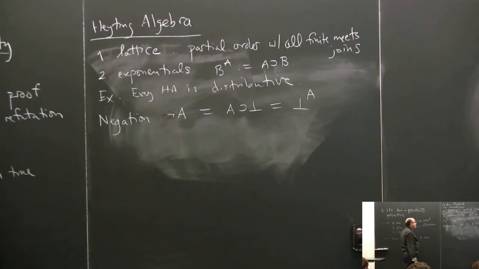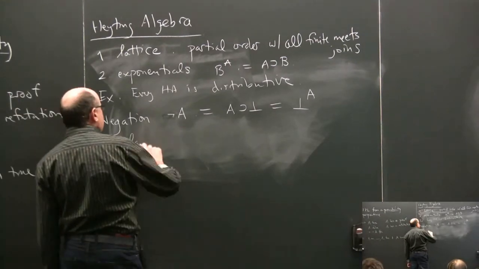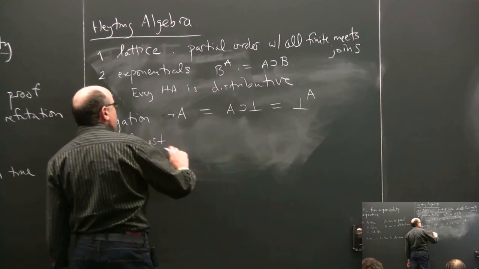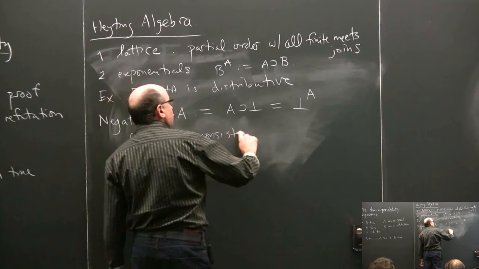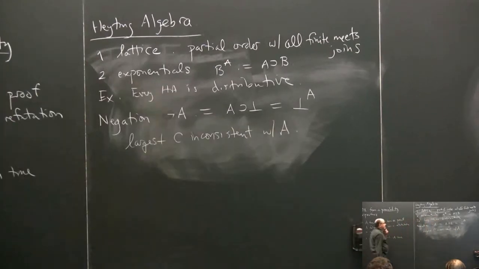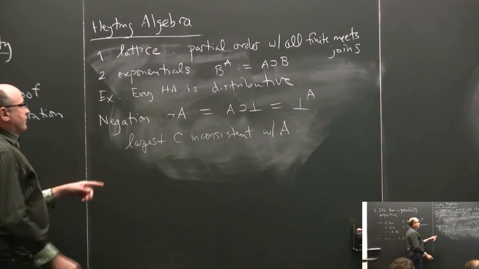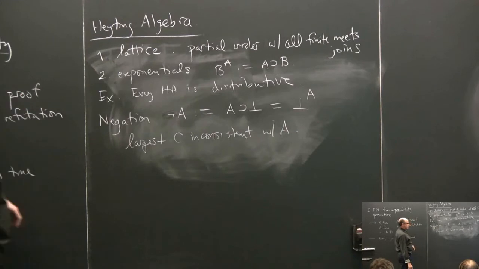We defined this as essentially the largest C that is inconsistent with A, and we gave the rules for that. That really just follows from the fact that the exponential has a similar universal property, and I'm just specializing it to the negation.